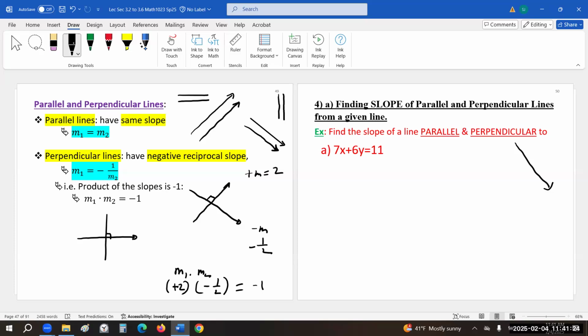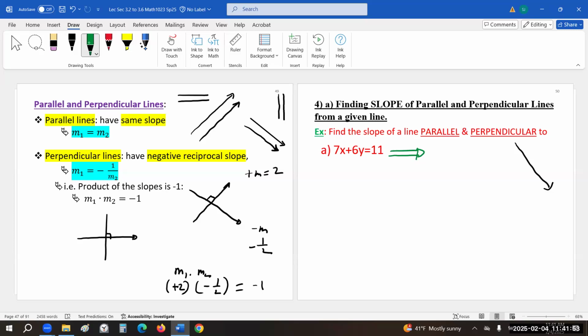So step one, in order to get the slope of the parallel or perpendicular line, we need to see what's the slope of this line. Because only slope tells us whether they are parallel, perpendicular, or neither, okay? So we need the slope. Since they did not give us the slope, we are going to use the trick we used at the very beginning, last week.